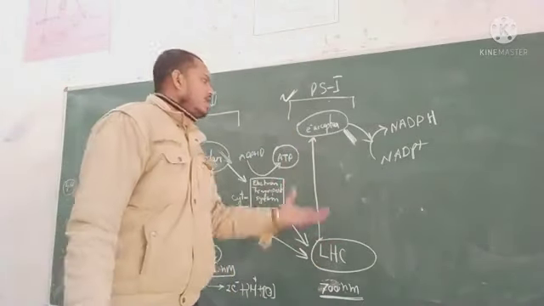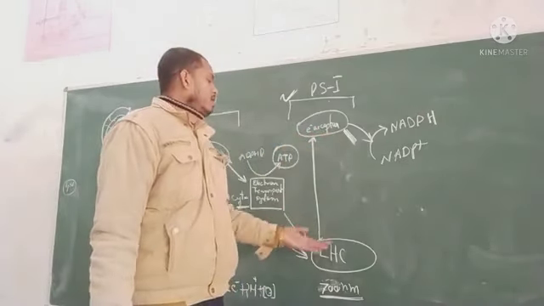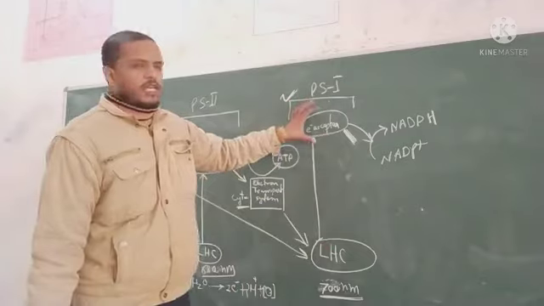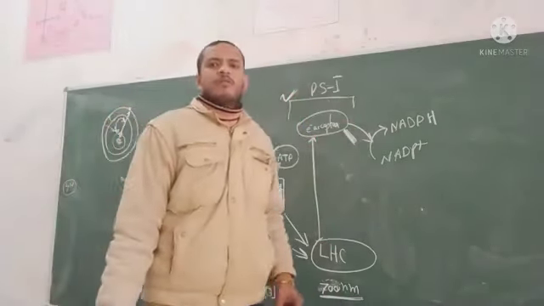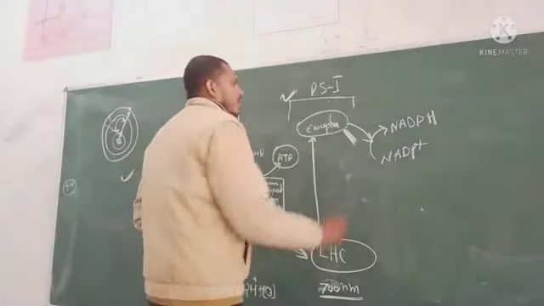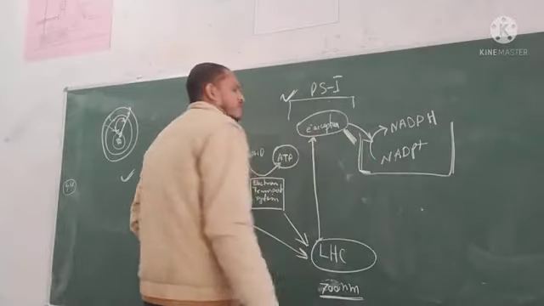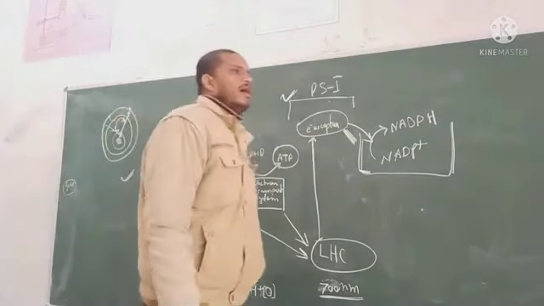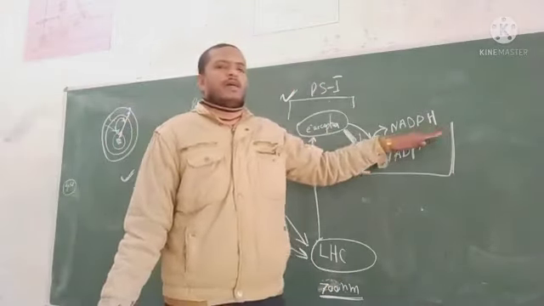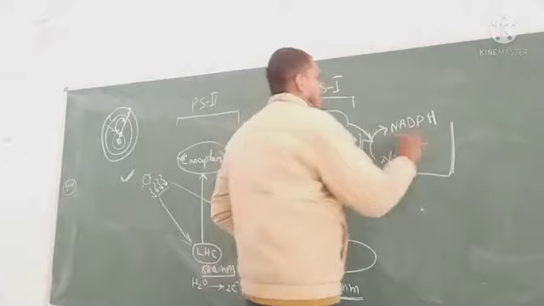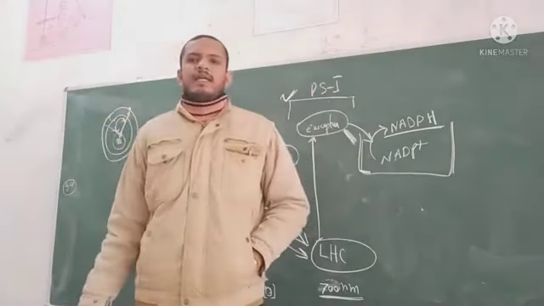This time it will be oxidized more powerfully, the redox reaction takes place, and the next downhill process results in the transfer of that electron to energy rich molecules, that is NADPH.